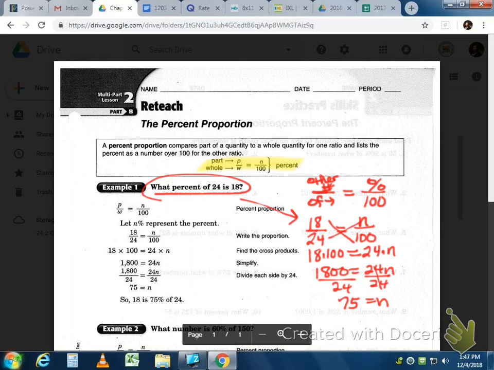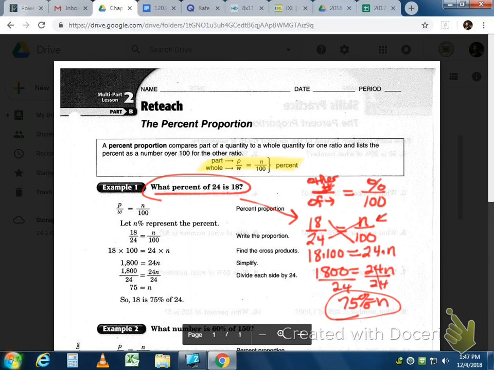This one says, what percent of 24 is 18? Is my answer 75% or just 75? Are we trying to find a percent? This one, since it says what percent, you must say 75%. Anytime you're trying to find the number above the 100, that means you're going to answer with a percentage.